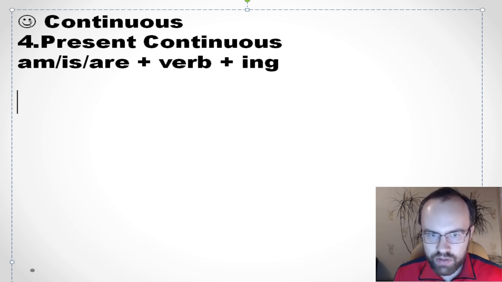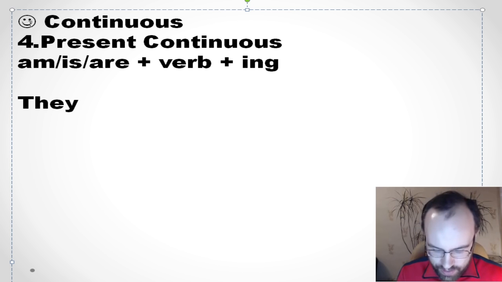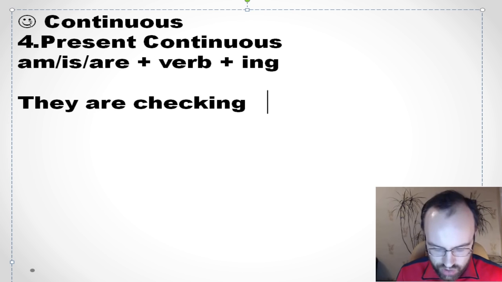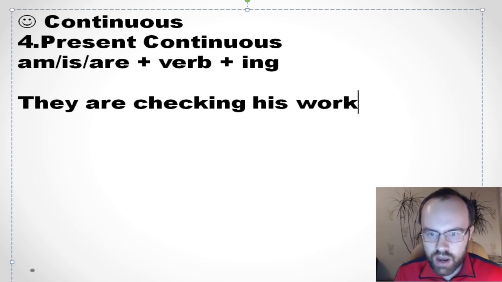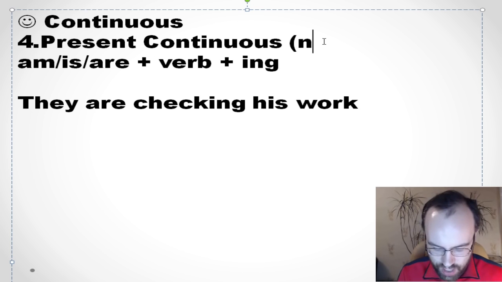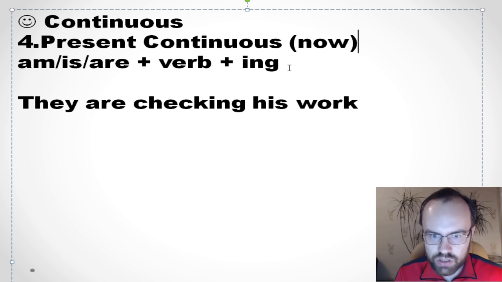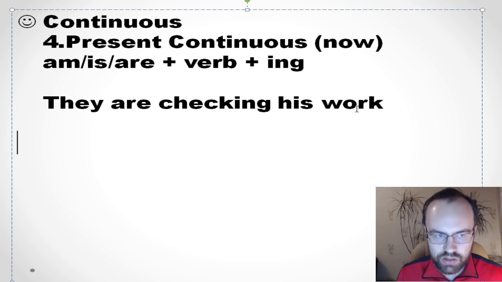So I am, he, she, it is, we, you, they are. You can say they are checking his work, and it means that it's happening now, at the moment. Okay, very good.